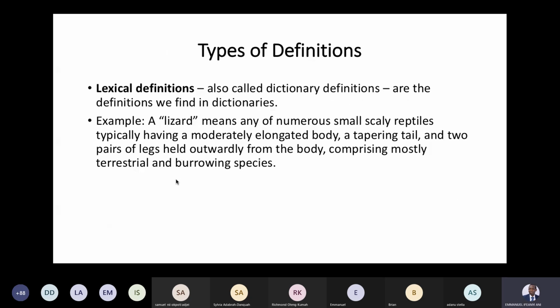Then we have types of definitions. First of all, we have lexical definitions. Lexical definitions are also called dictionary definitions. They are those definitions we find in dictionaries.